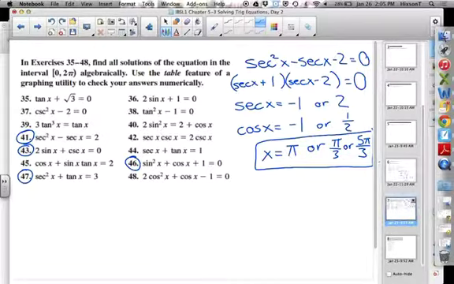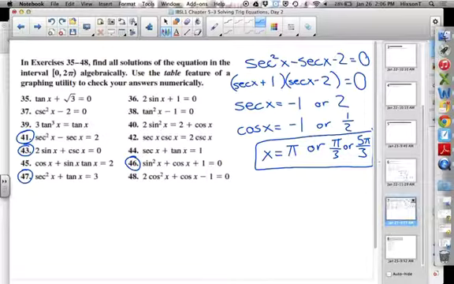Wait, do we have to put the thing in the equation? The one that's like plus 2 pi n? Yes. Here's the thing, if we have these answers, these are the answers in the interval from 0 to 2 pi, okay?